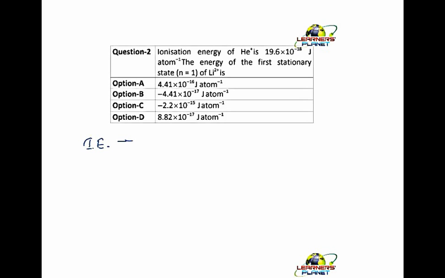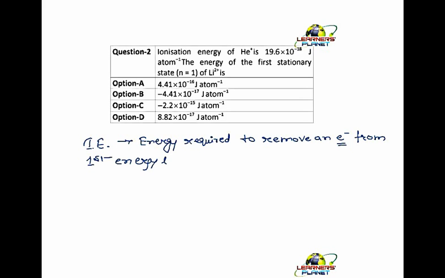Ionization energy is the energy required to remove an electron from the first energy level, that is n is equal to 1 to infinity, right?